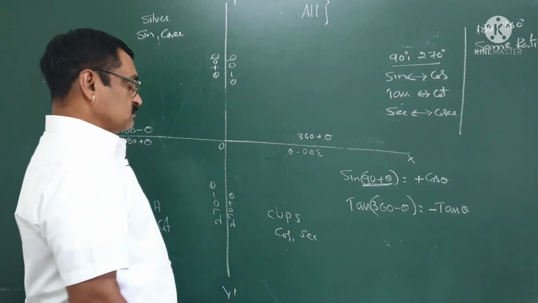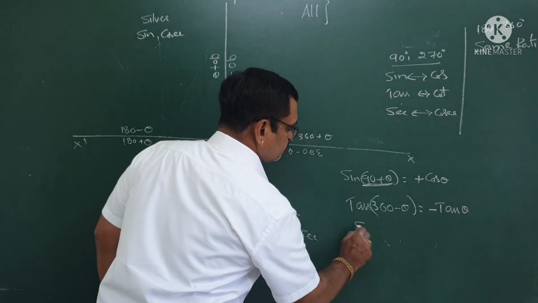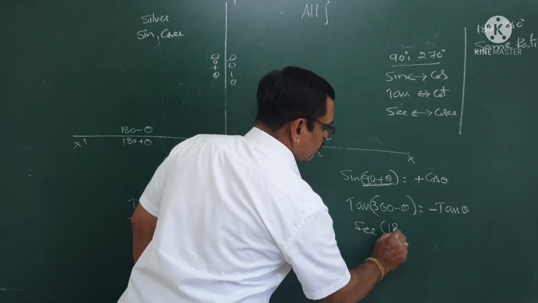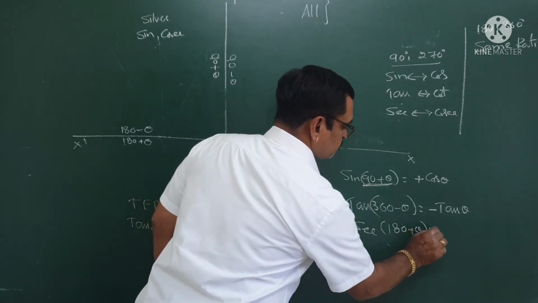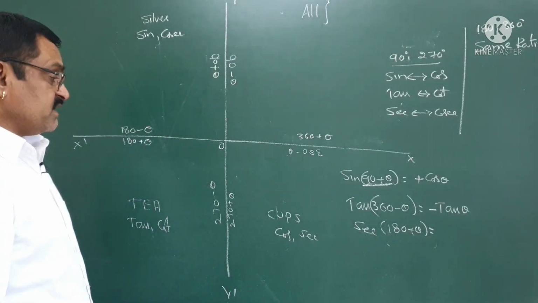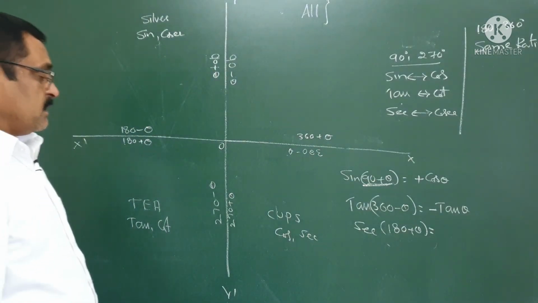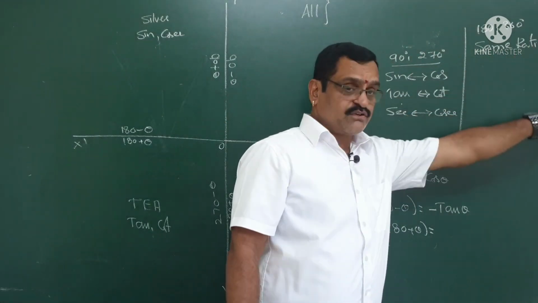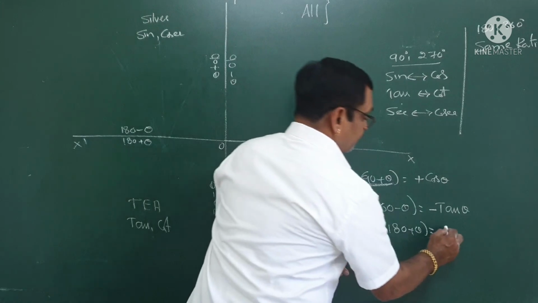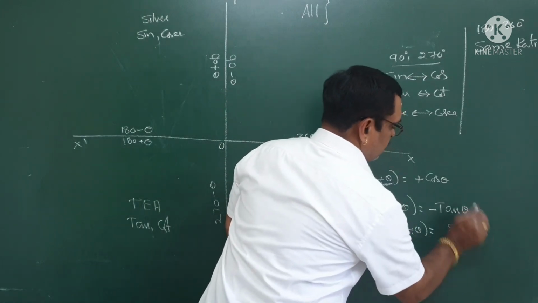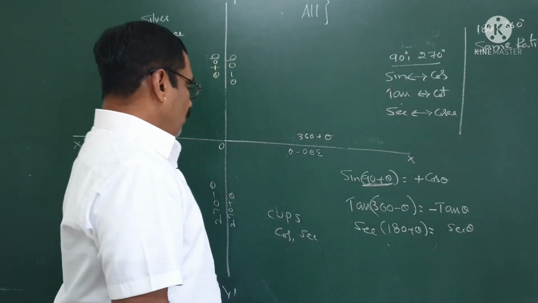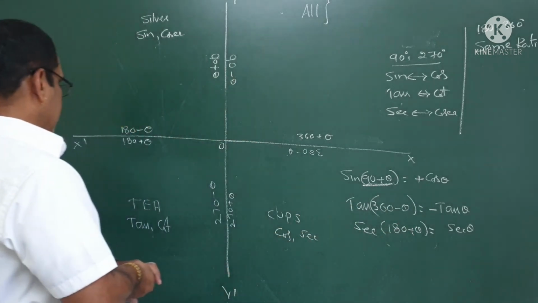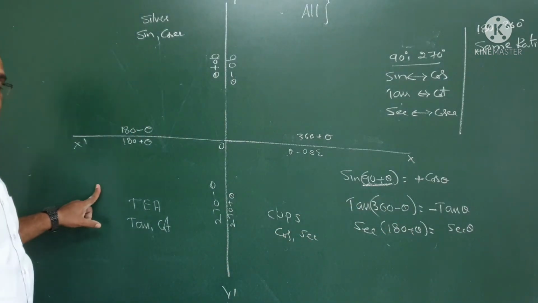Let me do one more. I want to find secant of 180 plus theta. Because 180 comes under here, that means same ratio. So secant will transform into secant theta. Step number 2. 180 plus theta lies in the third quadrant.